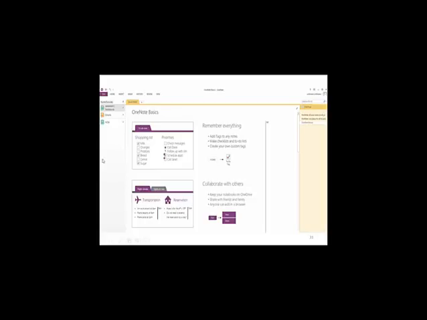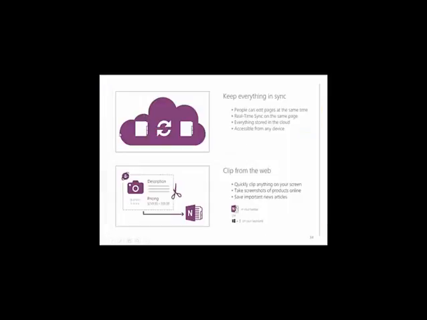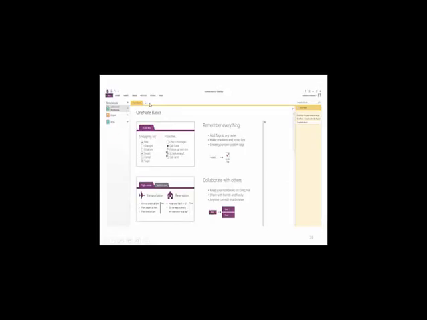You'll notice over to your left, it's a list of the notebooks. And this is literally, if you were to think of a paper notebook, full of paper, you're going to have a different notebook, say one for each family. So you would create your notebook over here. And then across the top, you can put as many tabs as you want, which would be like a tab in a notebook.